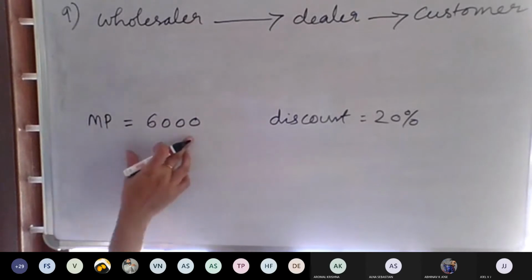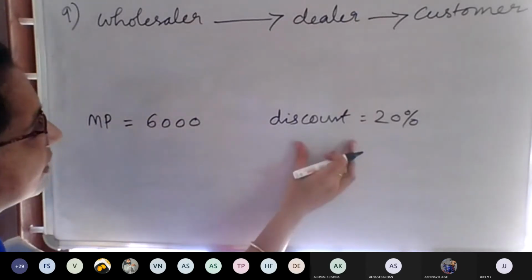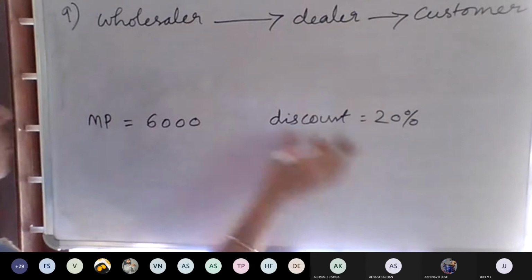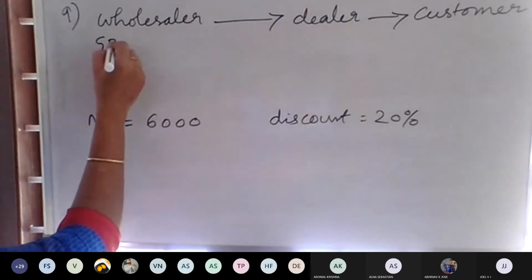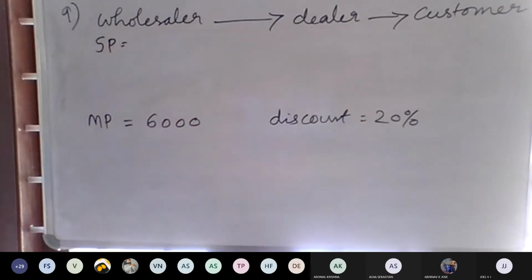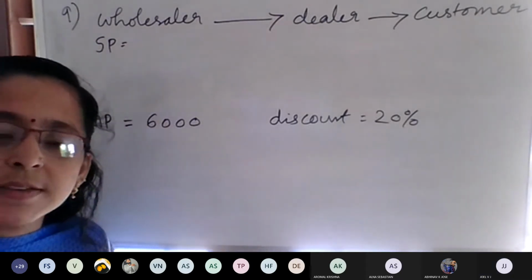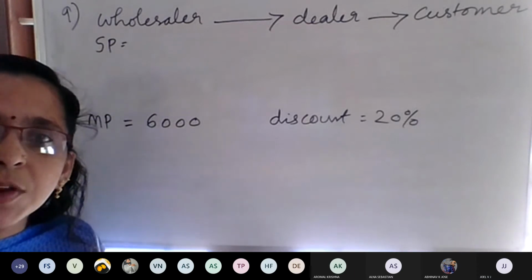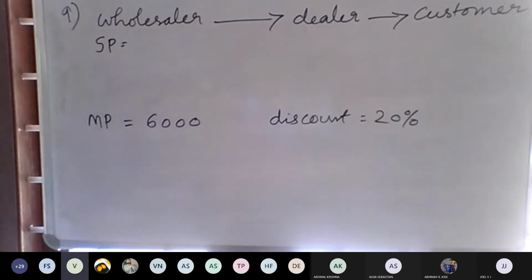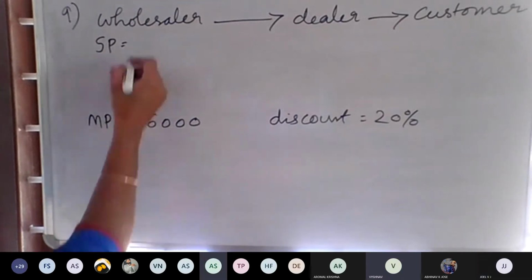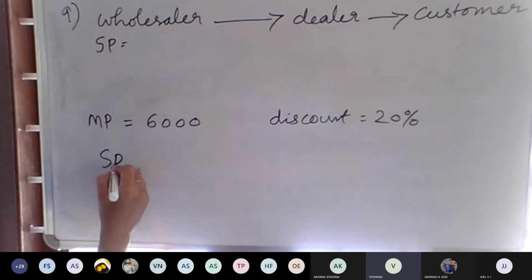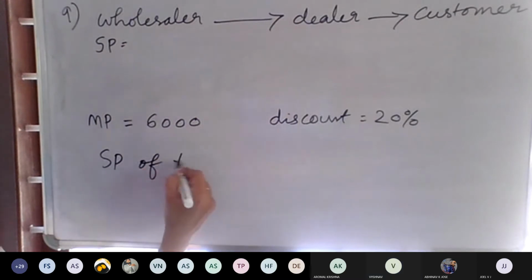Marked price is given as 6,000, and he is giving a discount of 20%. 20% discount means he is selling at 80%. What is the selling price of the wholesaler?